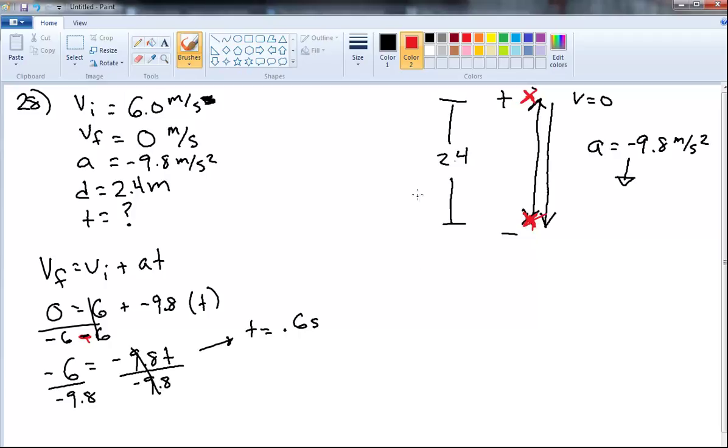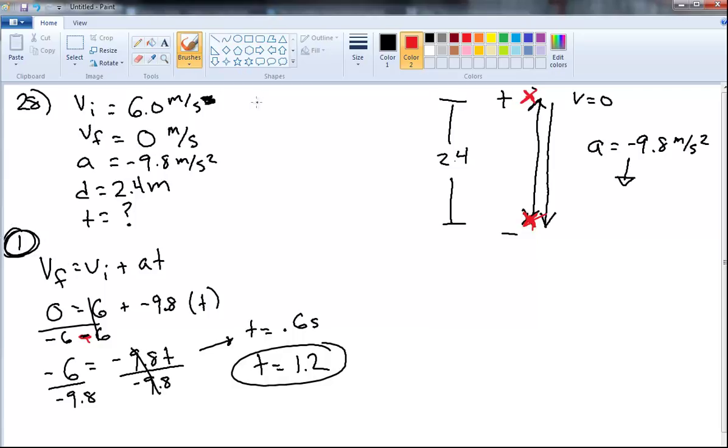But now this is just the time it took from when I kicked the ball to when it reached its maximum height. So if it took 0.6 seconds to get up, then it's going to take 0.6 seconds to get back down. So my final answer should be 1.2. That's my final answer.